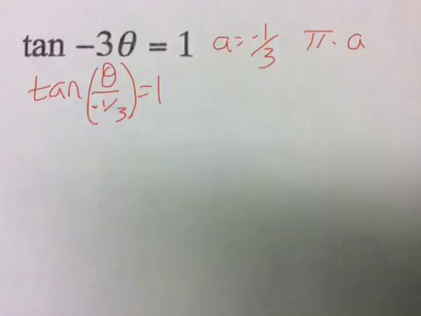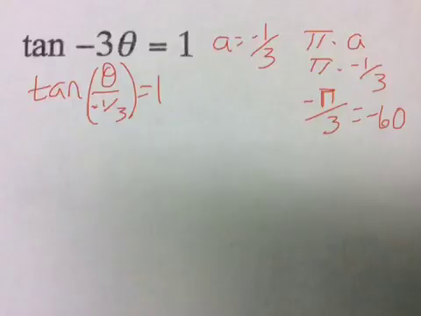So pi times A. So pi times -1/3, so -1/3 pi. Which is also, by the way, 60. Actually, we don't even need the negative there. Our period's not -60, it's just +60. But if I erase that right now, it's going to get all messed up, so I'm leaving it.